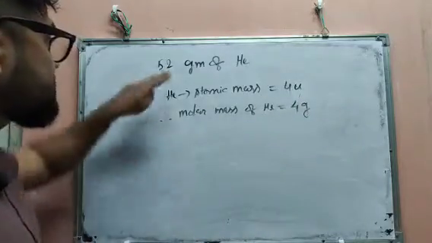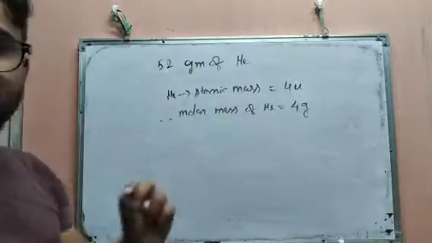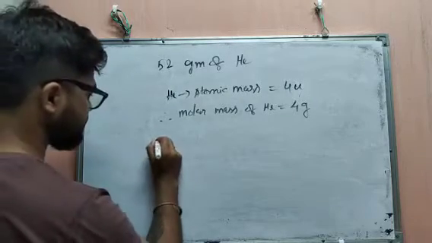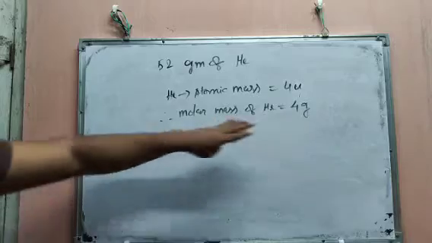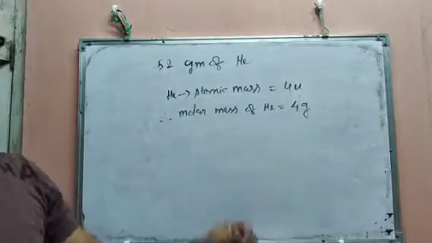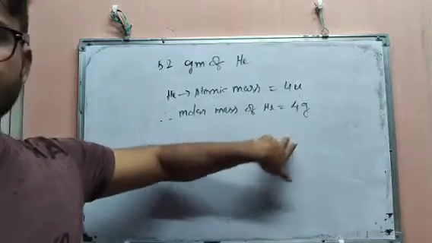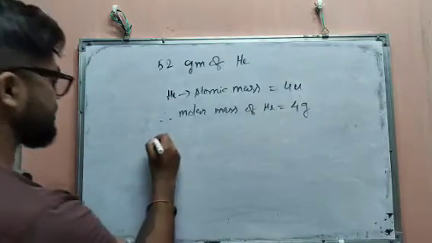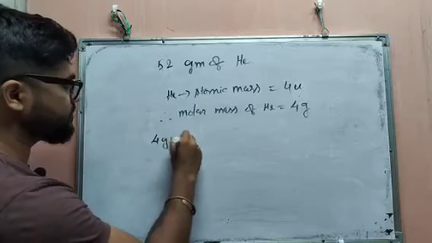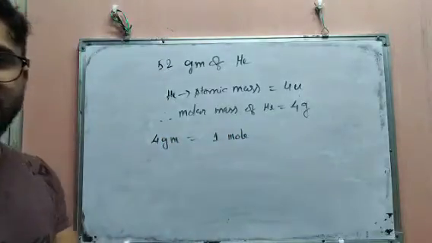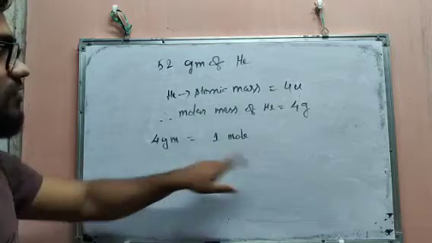Okay, now what is given? 52 gram of helium. We have to find the mole. So 4 gram equal to 1 mole. We are going to apply the unitary method. 4 gram equal to 1 mole.